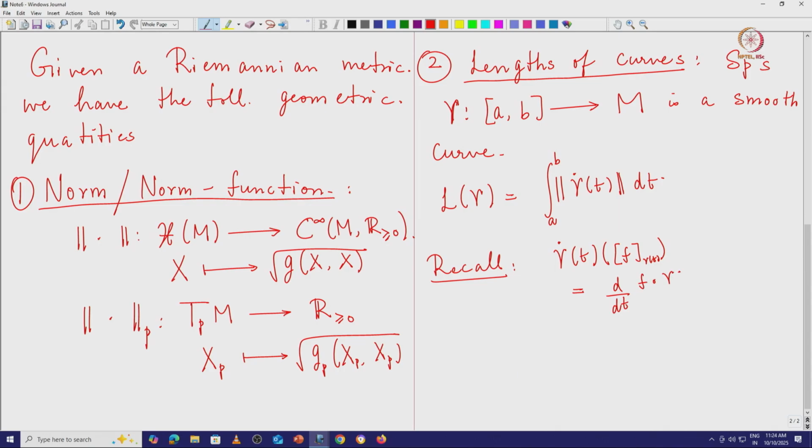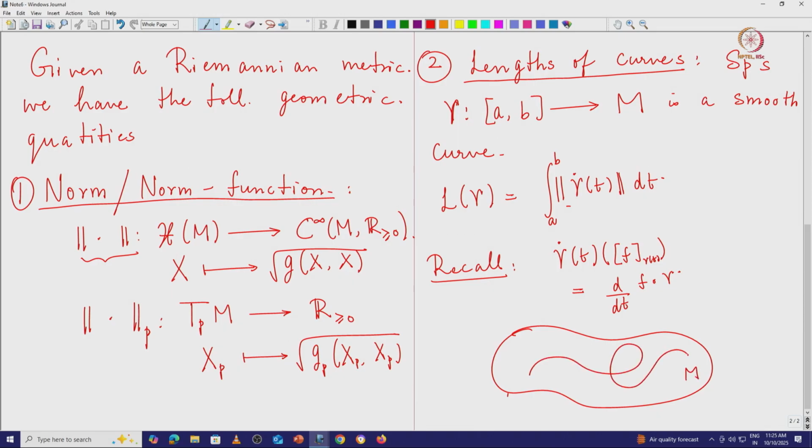So that's defined to be the velocity vector of gamma, and then you just compute the norm using this norm function and integrate that on this interval a to b. So that gives you a way to calculate, suppose you have a manifold and you have a curve, you can now compute the length of this curve.